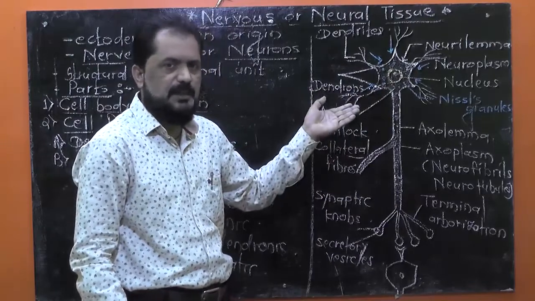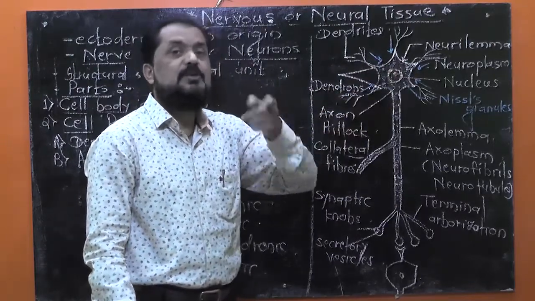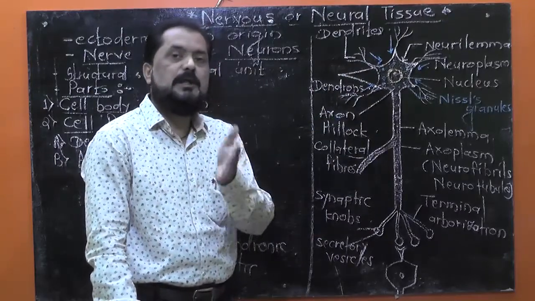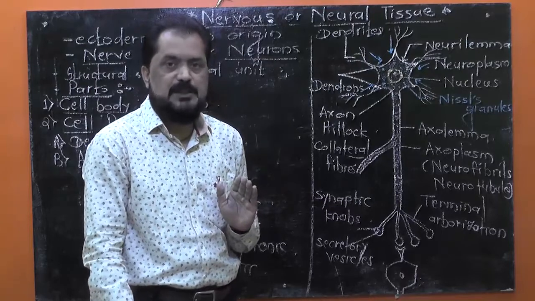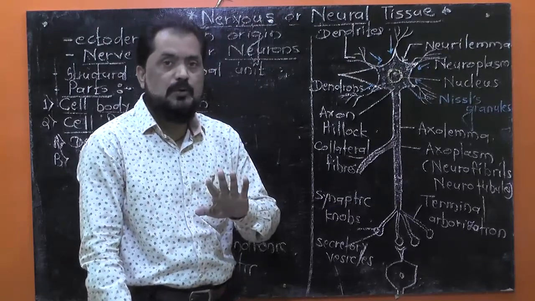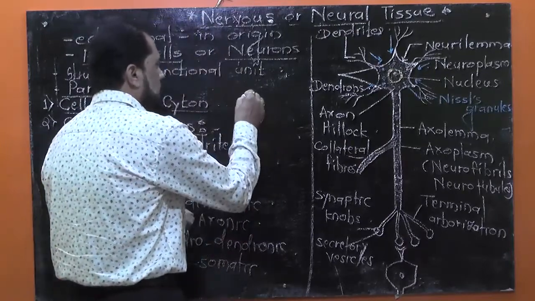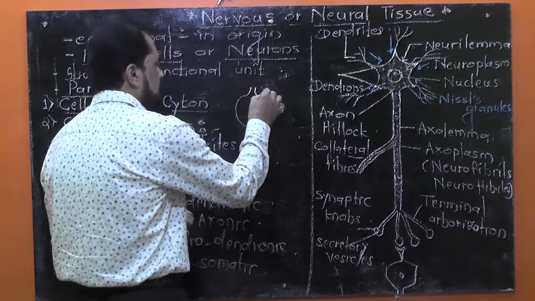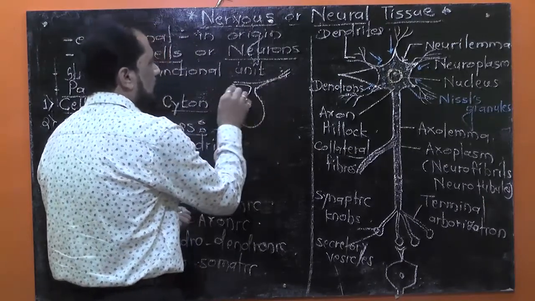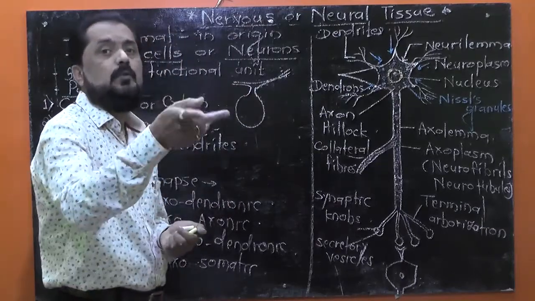You can see in this diagram, here are 1, 2, 3, 4, 5 dendrons and one axon. There are other types of neurons also, such as unipolar and bipolar. Unipolar neuron means the neuron in which the cyton shows only one process and it splits up into one dendron and another axon. It is called a unipolar neuron.